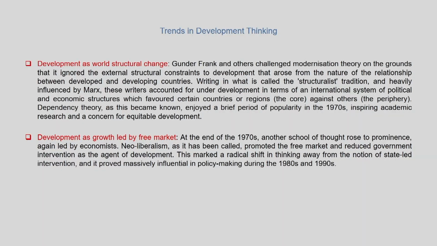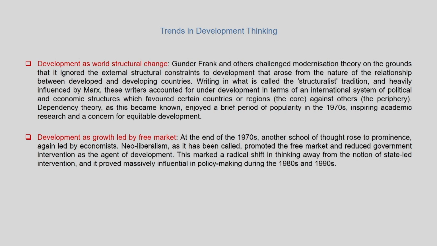They were also referred to as the dependency theorists, and these theories were together known as the dependency theory, and they had a lot of popularity in the 1970s that inspired academic research, and there was a lot of concern for equitable development of the countries belonging to the periphery with respect to the core.